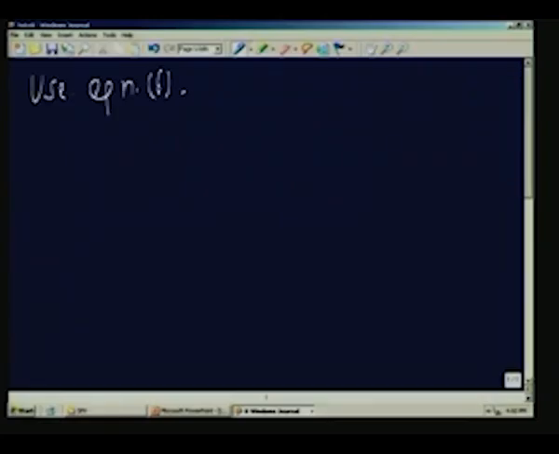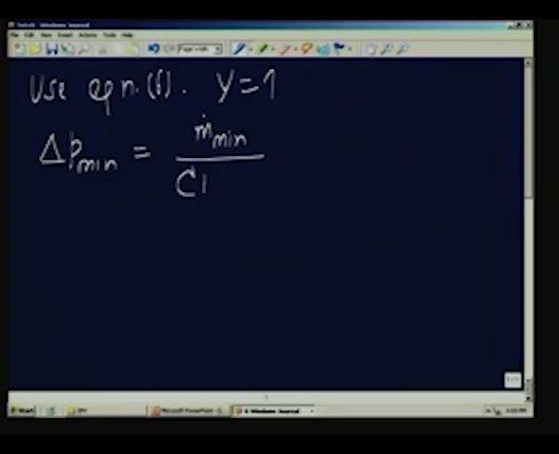Of course, with the assumption that Y equal to 1, there is no expansion factor, the compressibility effect is not there. Therefore, I can say delta P minimum by using that equation is m dot minimum divided by C m A at the throat, whole squared, multiplied by 1 over 2 times rho. So I will just substitute the values.